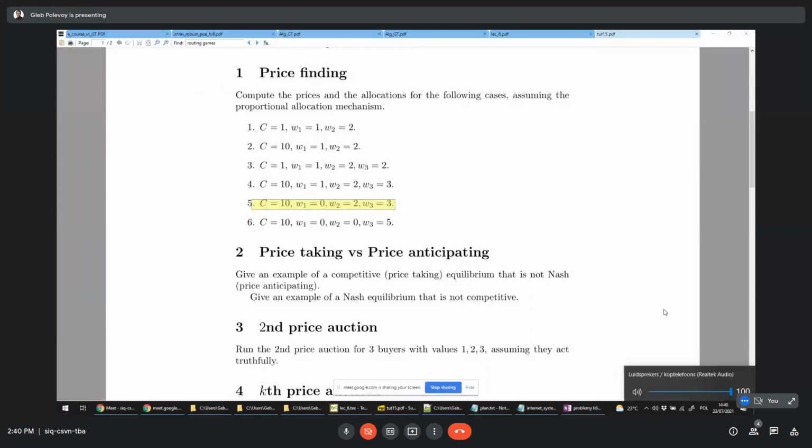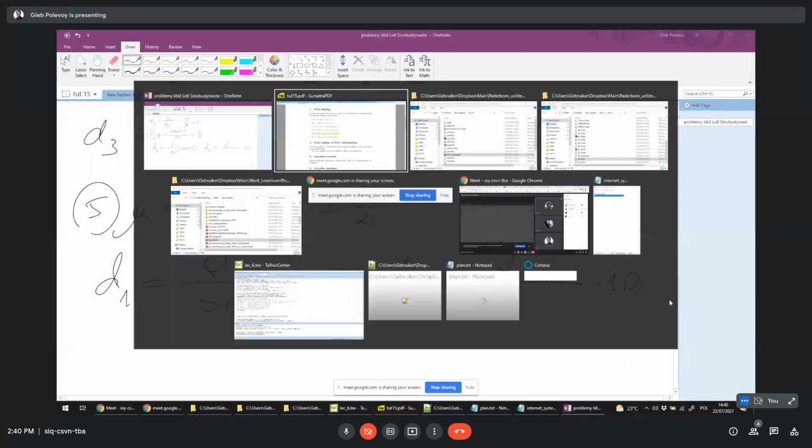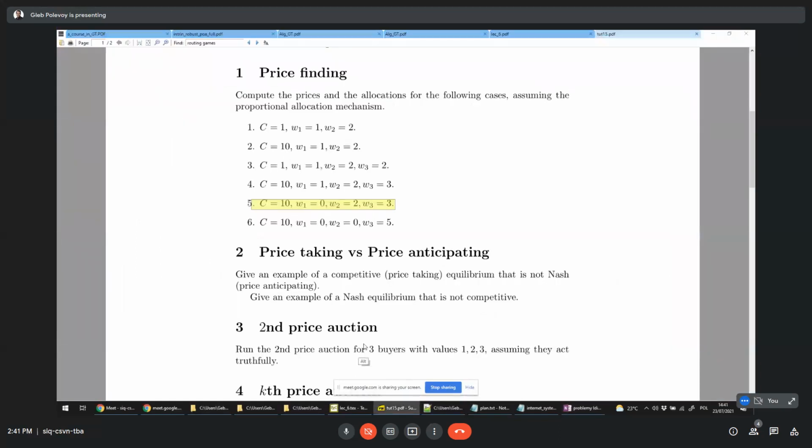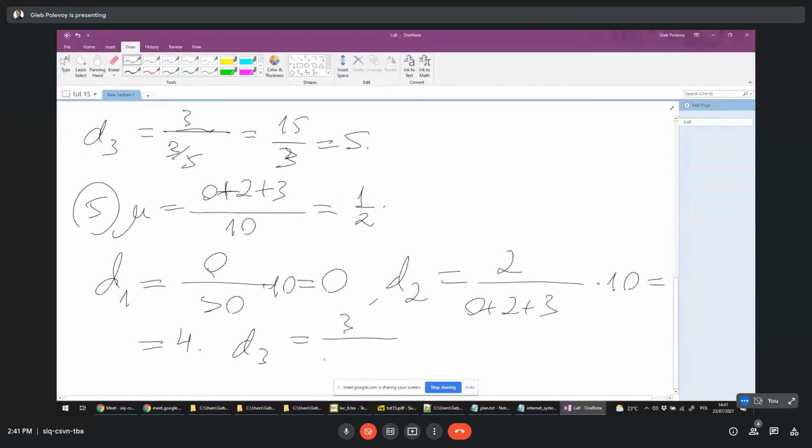Repeat, please. I didn't hear you. 2 divided by 2 plus 3, whole multiplied by 10. Yes, exactly. So that is just 2 divided by 5 multiplied by 10, it's 4. And D3 is equal to 3 divided by 0 plus 2 plus 3 multiplied by 10.